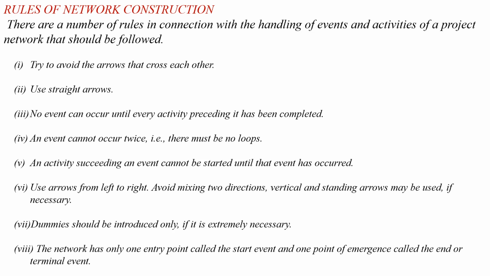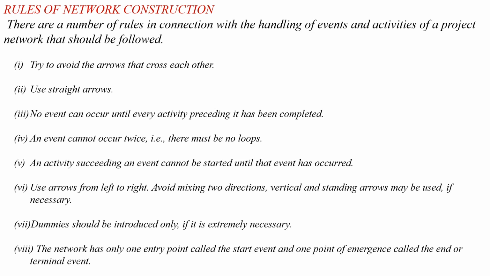The next rule is that no event can occur until every activity preceding it has been completed. So before completion of the activity, the event should not be started. An event cannot occur twice, which means we have to avoid loops. An activity succeeding an event cannot be started until that event has occurred.